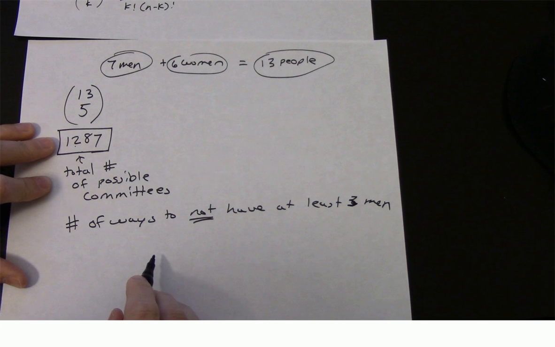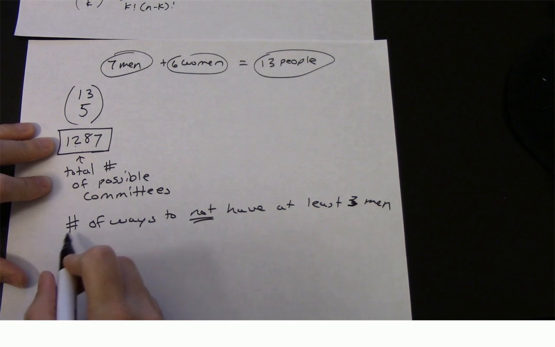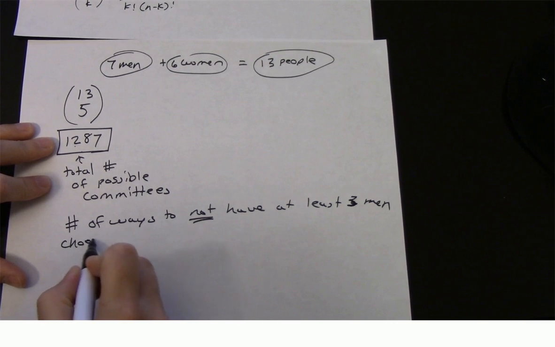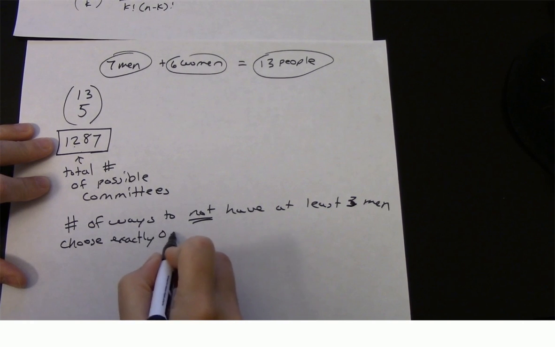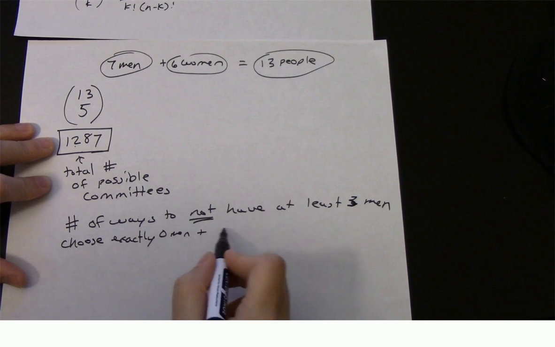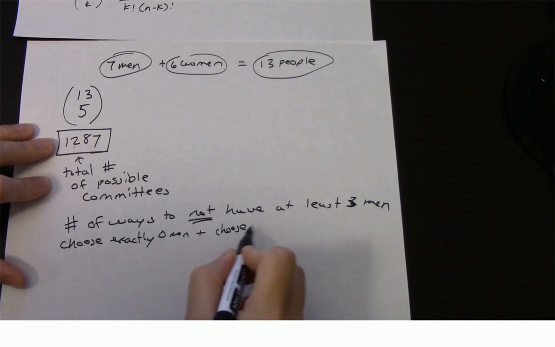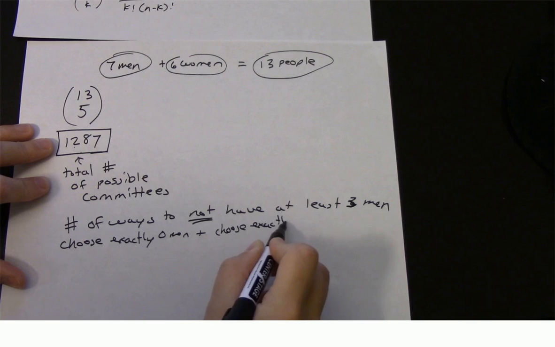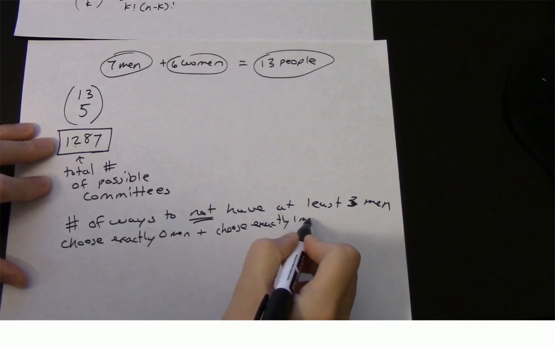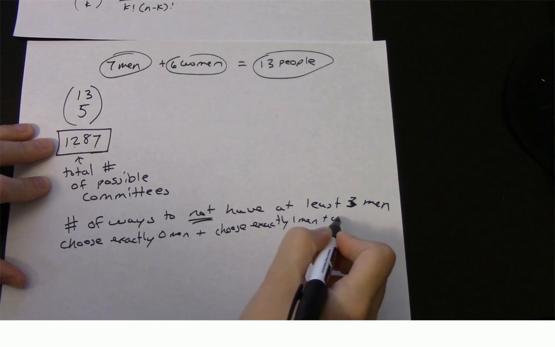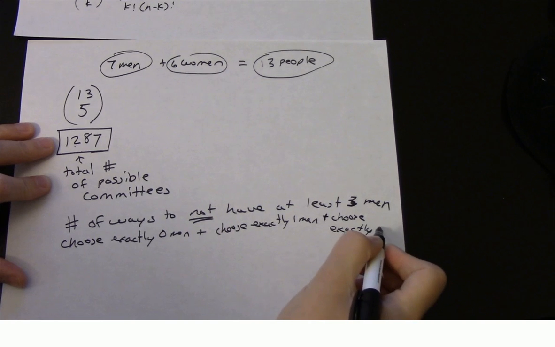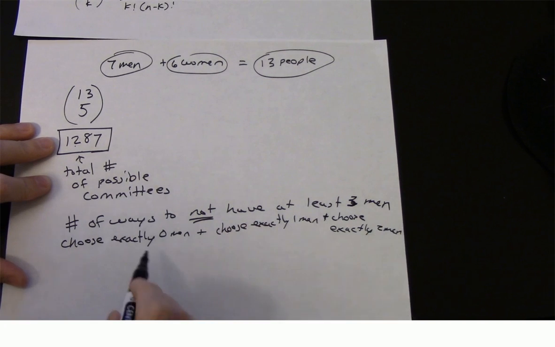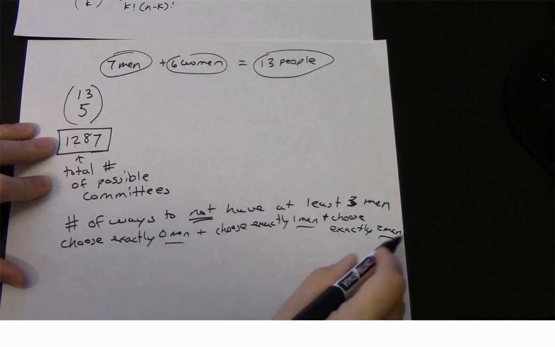If you don't have 3 men, then you're choosing exactly 0 men, or exactly 1 man, or exactly 2 men.